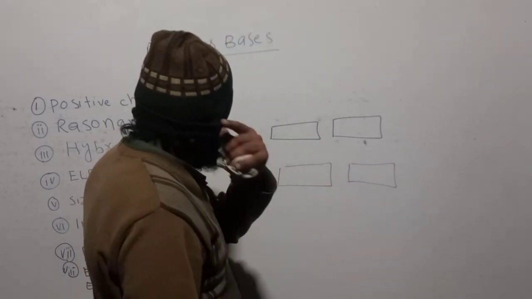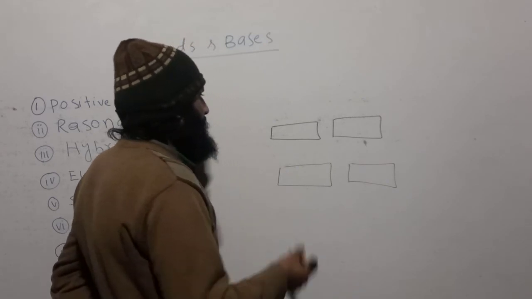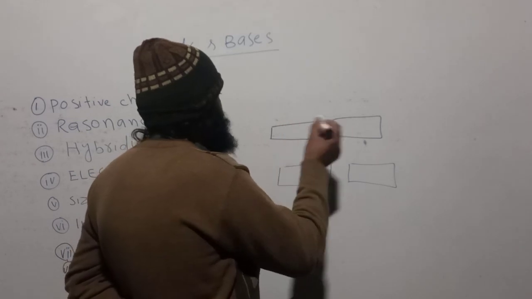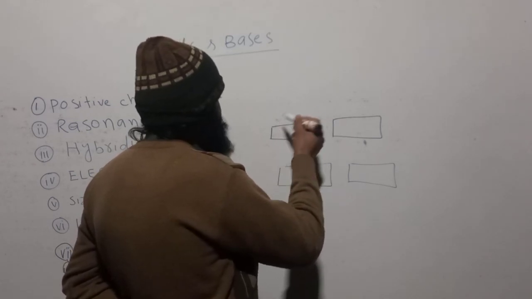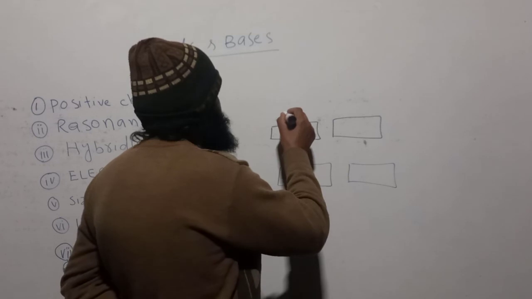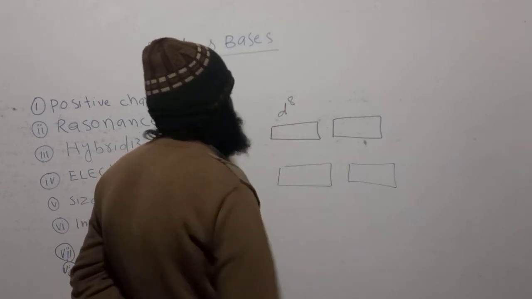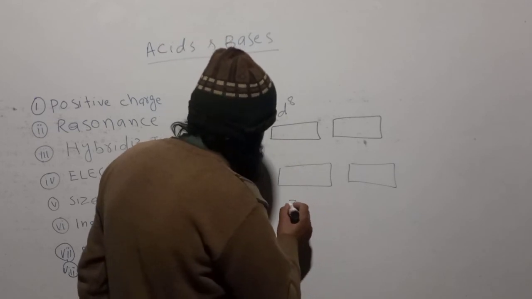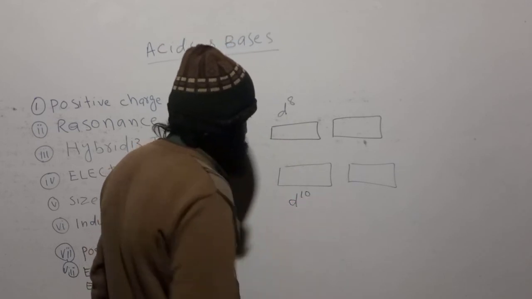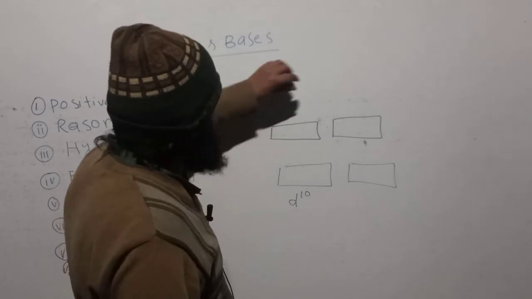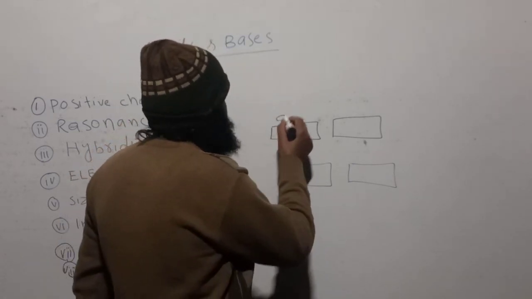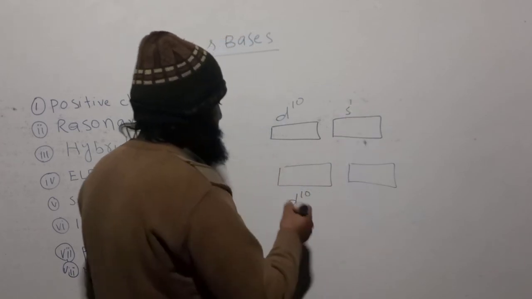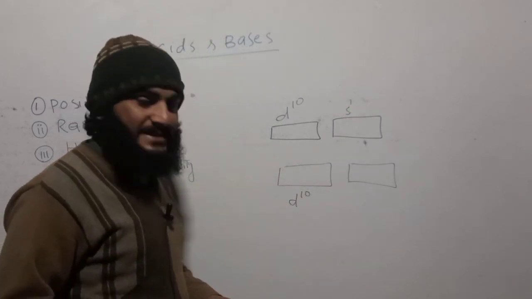Suppose I write it for d: for example d8, and this one is d10. This one is d8 or d10s1, and this is d10.